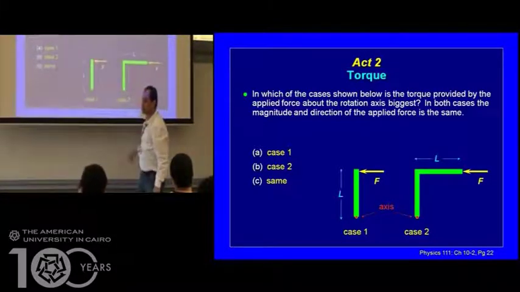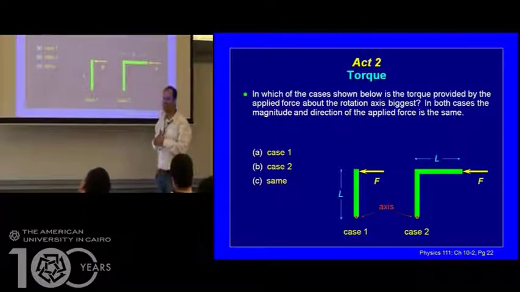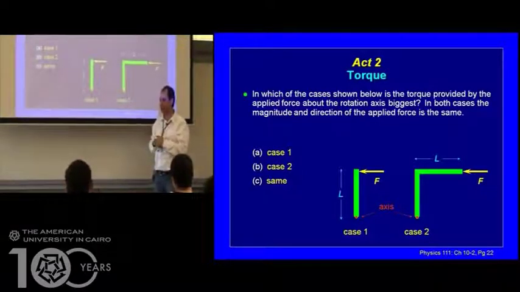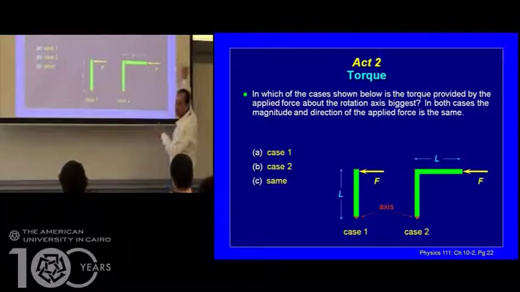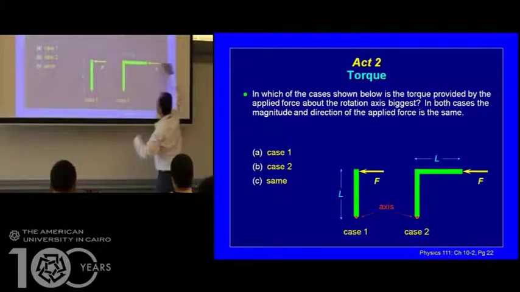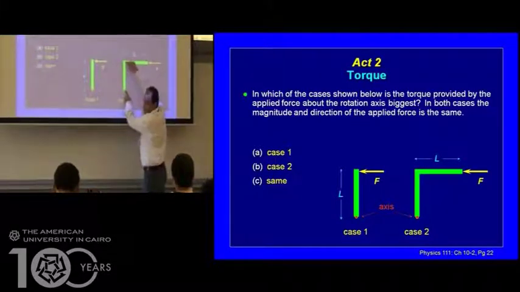So the same force. What is the perpendicular distance between the line of the force and the pivot? L. So actually, they have the same torque. It doesn't matter where or how far you apply that force; the perpendicular distance between the line of the force and the pivot is the same in the two cases.